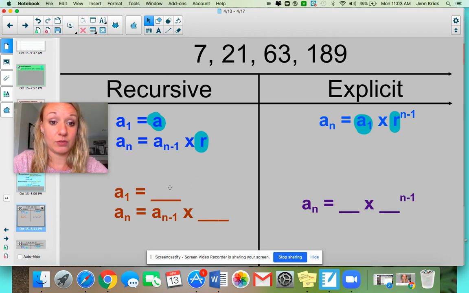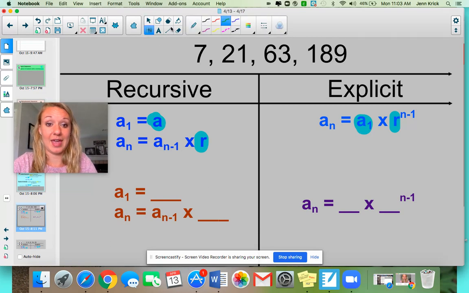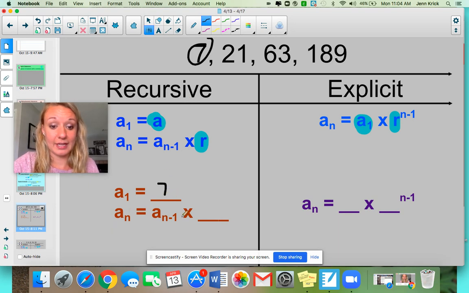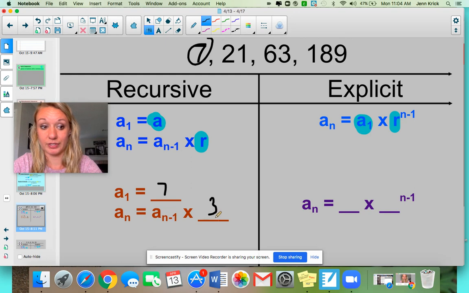If I was writing out the recursive formula, here's the basic framework for it. And then here's what I would write out. I'd have A1 equals. Now instead of A, I'm actually going to plug in what is the first value in our sequence. And I see that it's 7. And then down here, I'm going to just fill in what R is. I know that R is 3 because that's my common ratio. So if I asked you to write the recursive rule for the sequence, you'd write out A1 equals 7, AN equals AN minus 1 times 3.